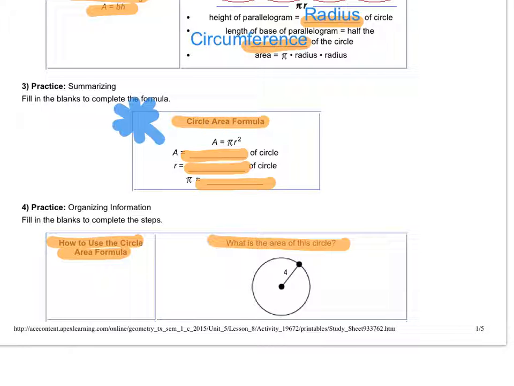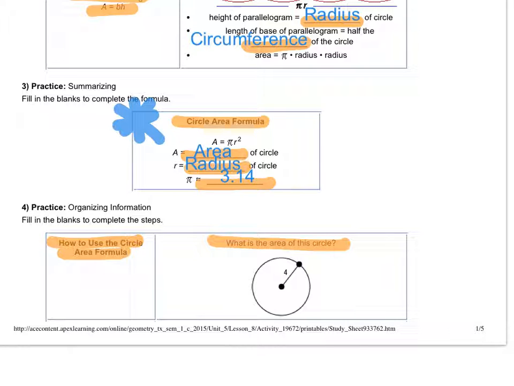The area is equal to pi times the radius squared, where A represents the area and R stands for the radius. Earlier I told you to use the pi symbol on the calculator, but with this lesson, they actually want you to use 3.14 for pi. That's what you're going to use every single time you have to use the pi button.